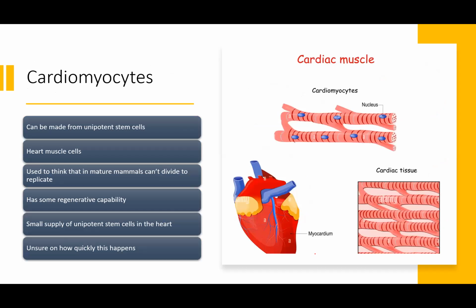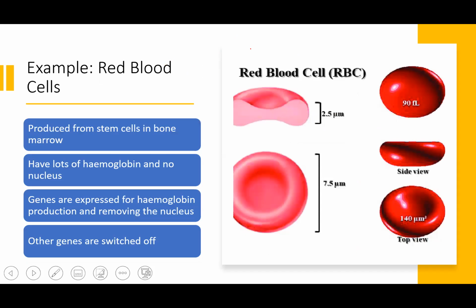So cardiomyocytes, this is an example that we're going to look at specifically. Cardiomyocytes are heart muscle cells, and we can make these from unipotent stem cells. So red blood cells are an example of ones that are made from multipotent stem cells.